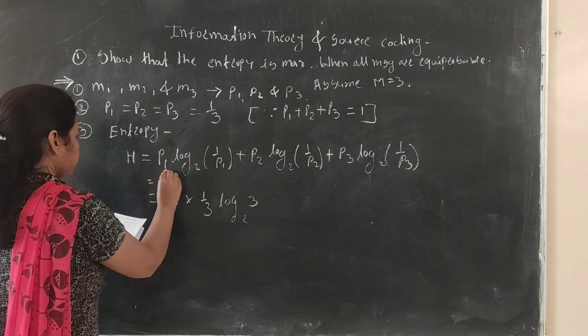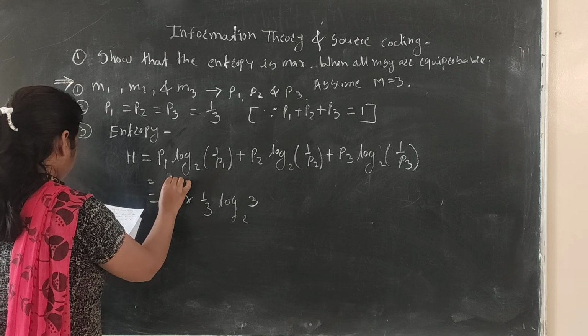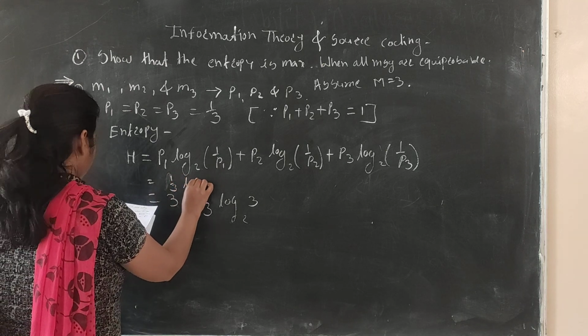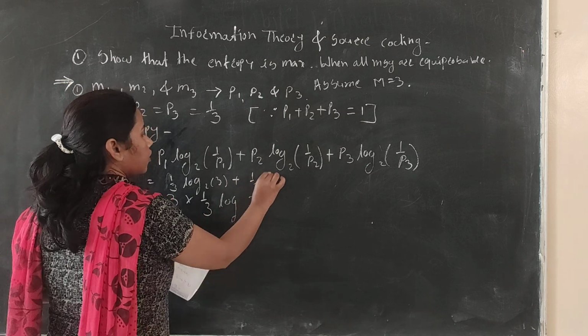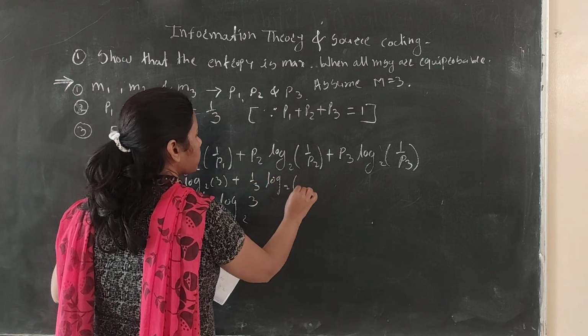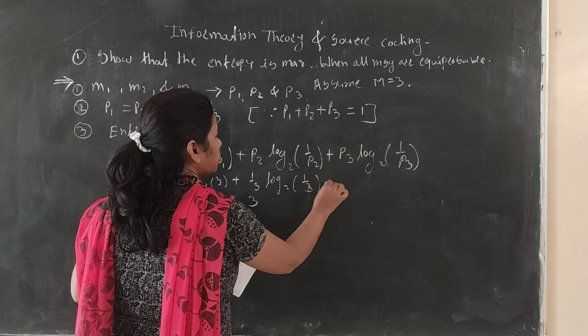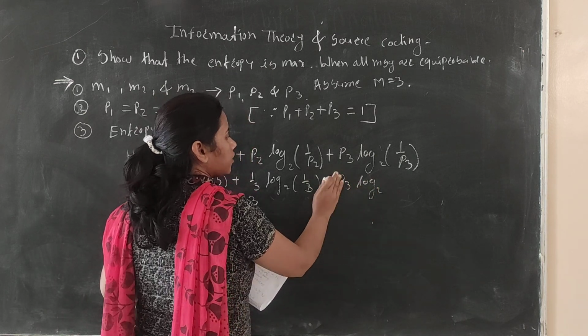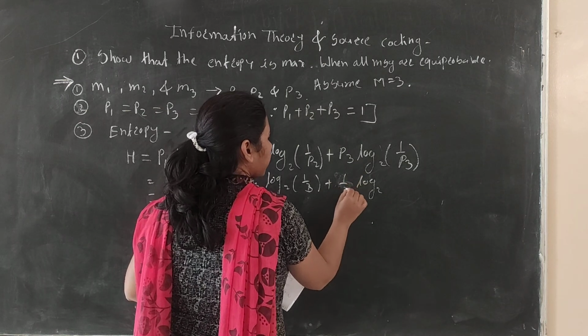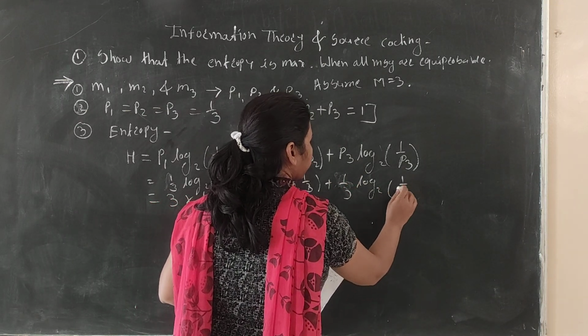As p1 is equal to 1 by 3, we get 1 by 3 log to the base of 2 of 3 plus 1 by 3 log to the base of 2 of 3, and so on, because the probabilities are the same, equiprobable.